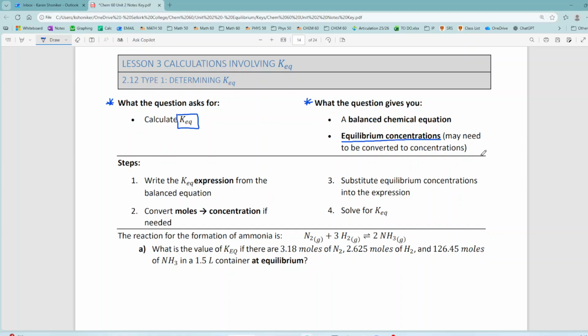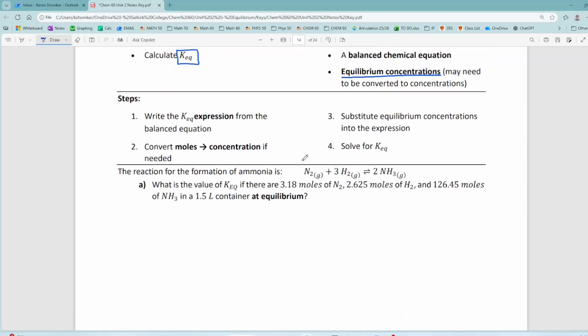When you're solving these, I've tried to write some steps. These are a little bit fluid, but the key thing is that you're going to figure out your Keq expression from your balanced equation. Step 2, if needed, you're going to calculate the concentration of each of your species at equilibrium. Step 3, you can simply substitute the equilibrium concentrations into the expression and then solve for Keq. So these are your most straightforward type.